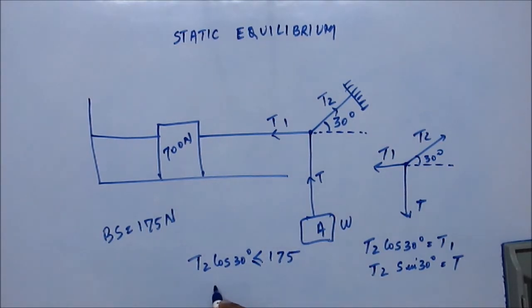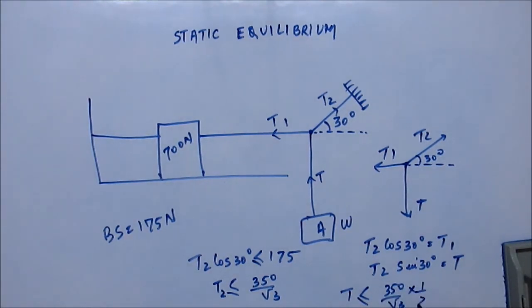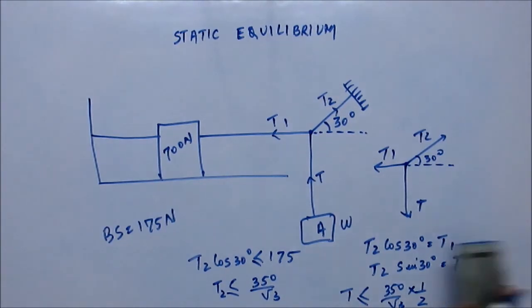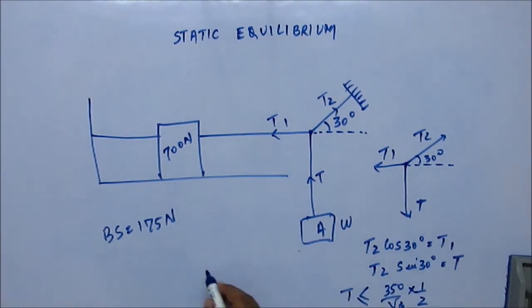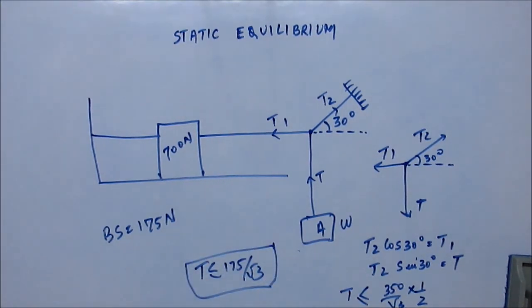So T2 is less than or equal to 350 by root 3. T must also be less than or equal to 350 by root 3 into sine 30 degree, which is half. So T must be less than or equal to 175 by root 3. This is your answer. Okay, easy.